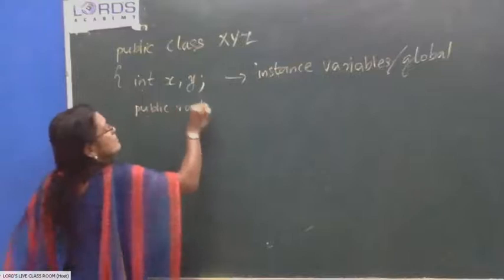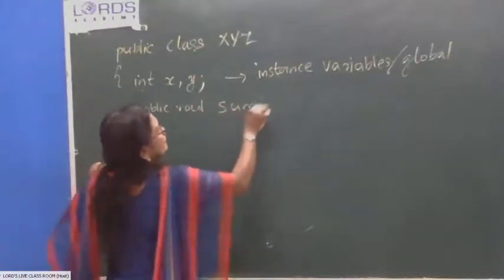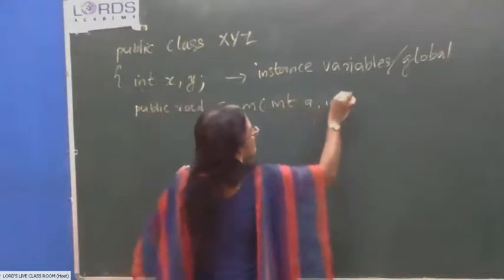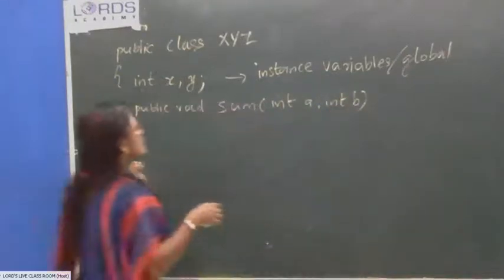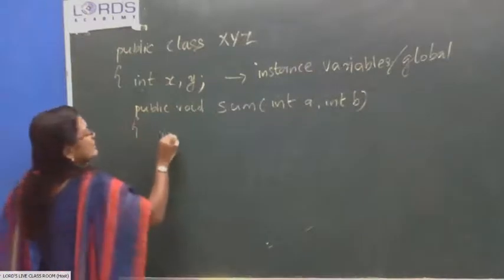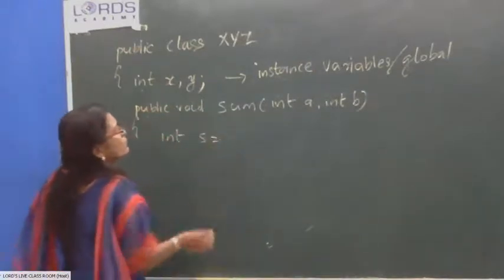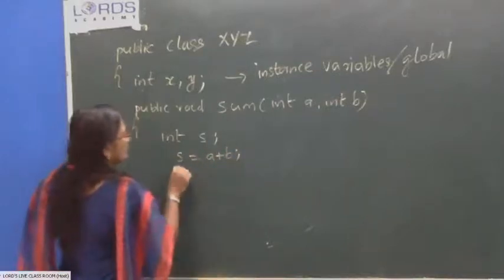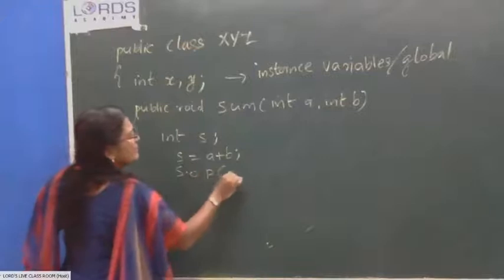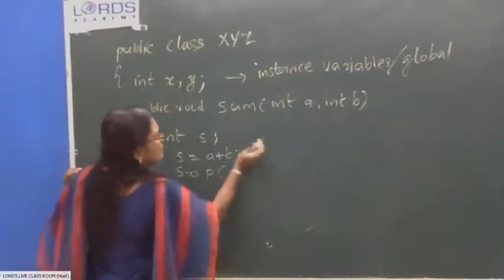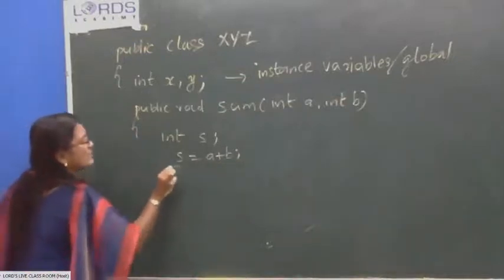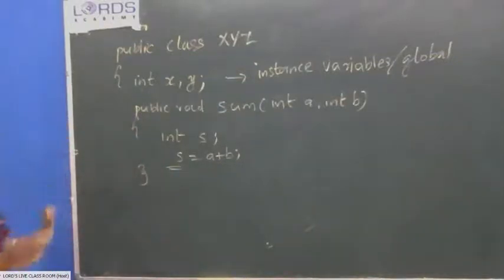And public void sum, assume that it takes int a, int b. In this function, int s equal to a plus b. System dot out dot println a, b, s. I am not writing all the statements, there are some more statements.